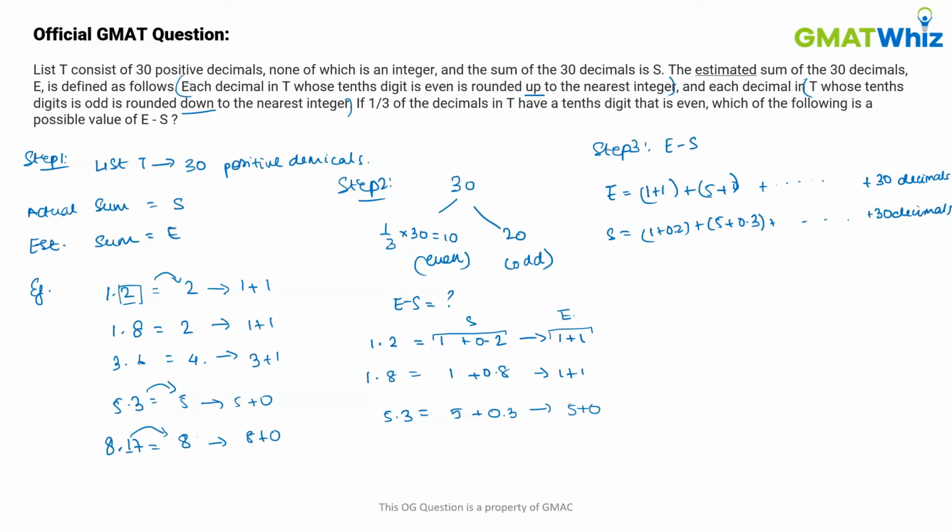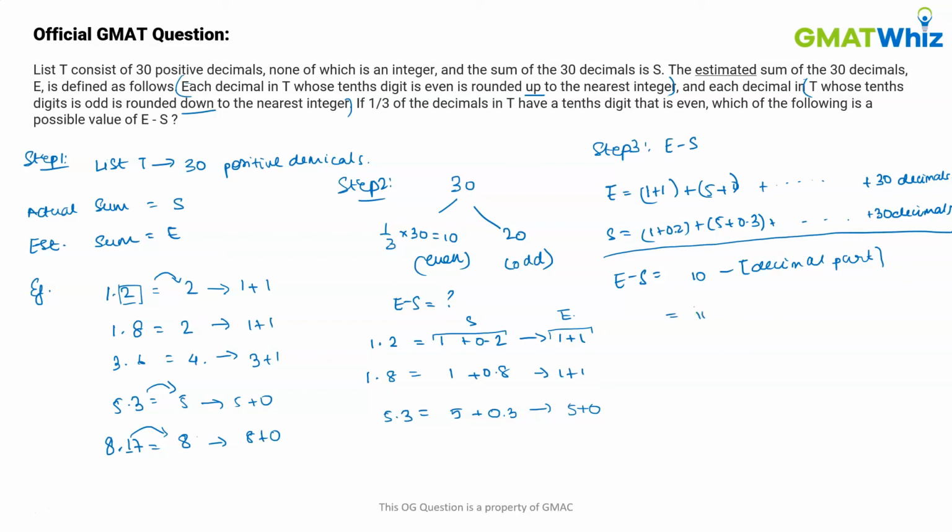Now, when we find the difference of E minus S, we know that the integer parts will all get subtracted and we will have 10 ones, that is 10 minus the decimal part. Now, to find the possible value, what can be the least value of the decimal?